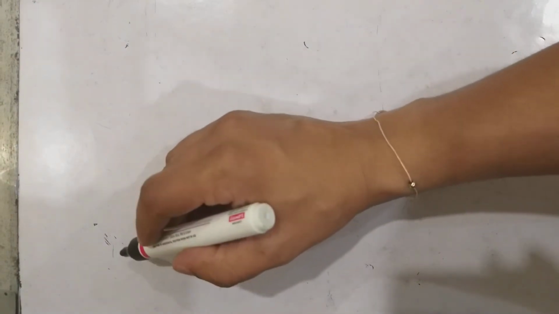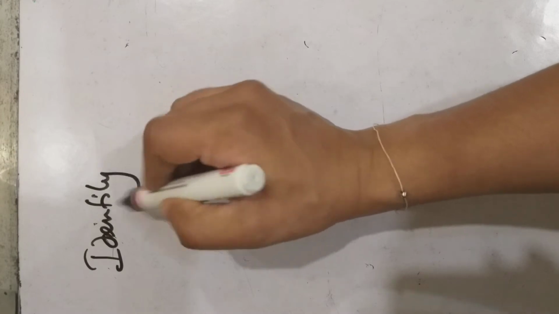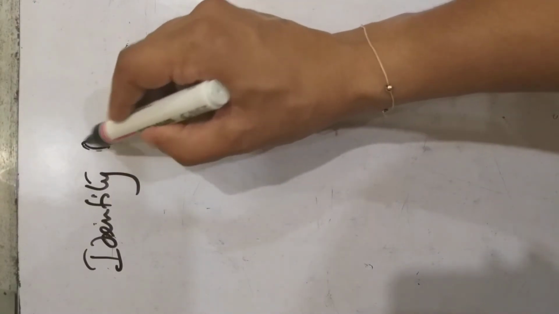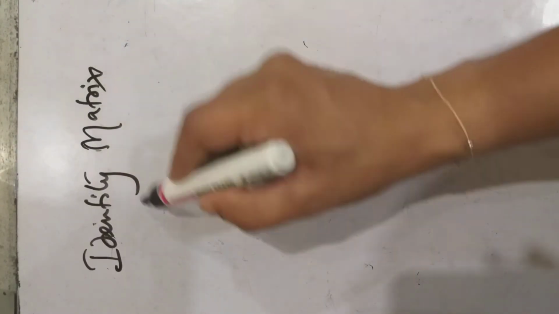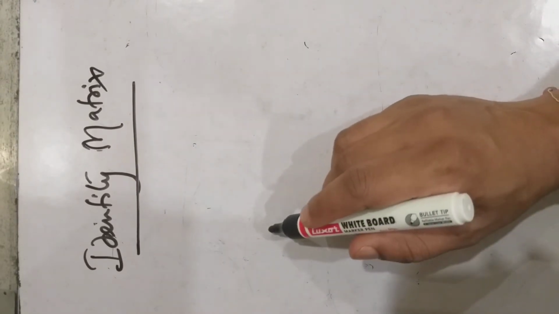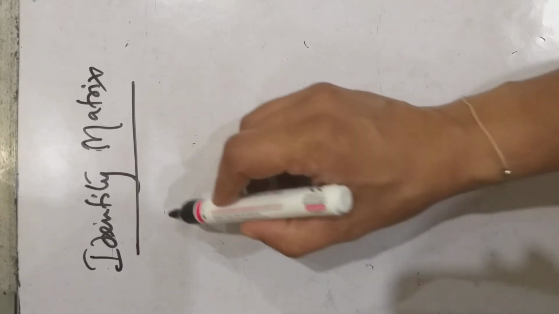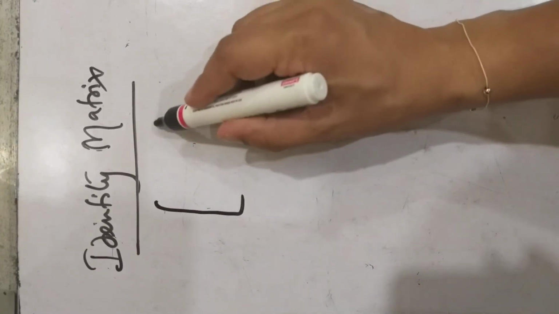The next one is the identity matrix. What is an identity matrix? Remember, a square matrix is an identity matrix if its determinant value is 1.